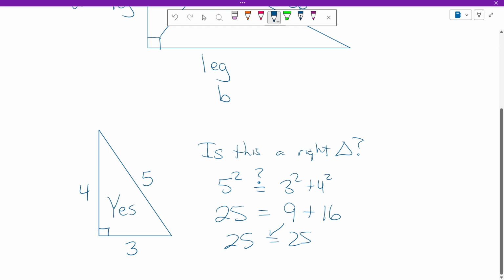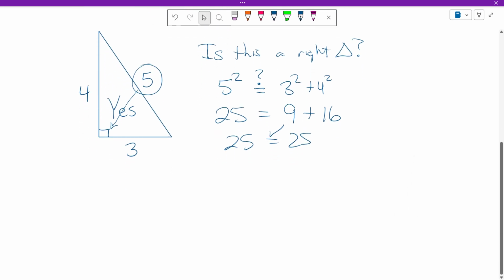The right angle would be that one. The right angle is always opposite the longest side. So if this side's the longest side, the right angle is opposite of that.